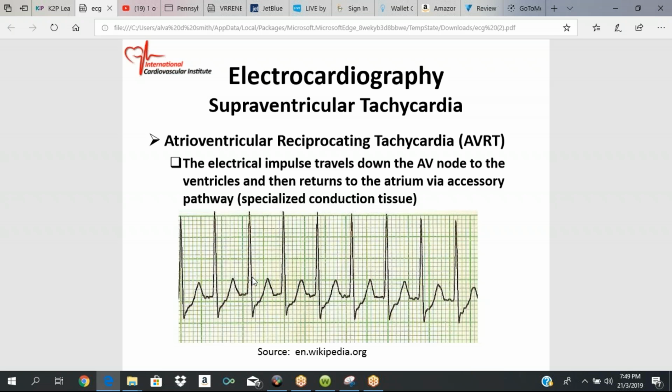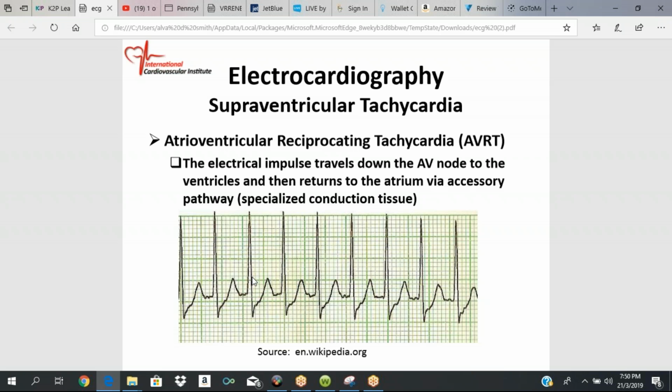Instead of the impulse going down the AV node, because remember what we said, when the impulse goes down the AV node, it slows. These bypass tracks go around the AV node, and as a result, the electrical impulse quickly travels from the atrium to the ventricle. That can be dangerous.